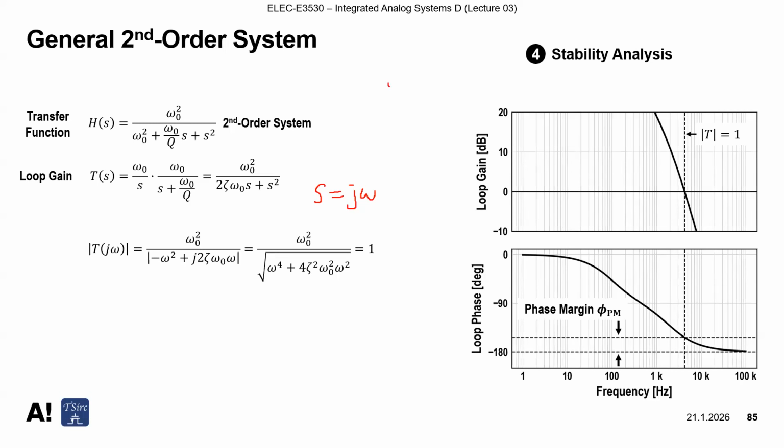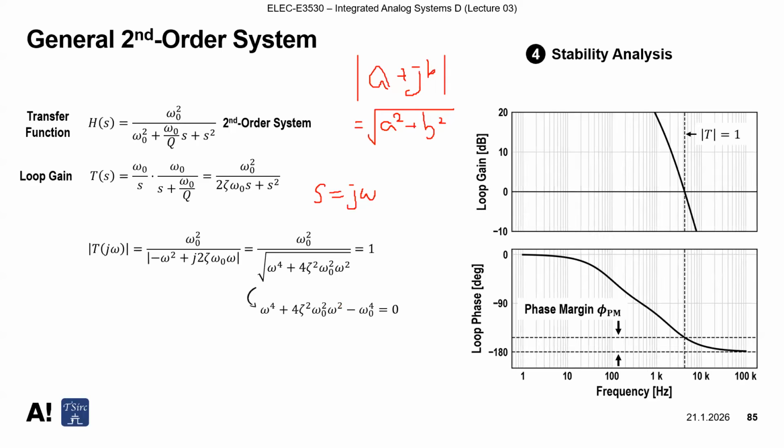When we take the magnitude of a plus jb, it becomes the square root of a square plus b square, right? This is what we have learned in previous lectures or previous courses, during the prerequisites. Then we end up at the denominator part, omega to the power of 4 plus 4 zeta square times omega 0 square times omega square. It looks a bit dirty. This is what it is.